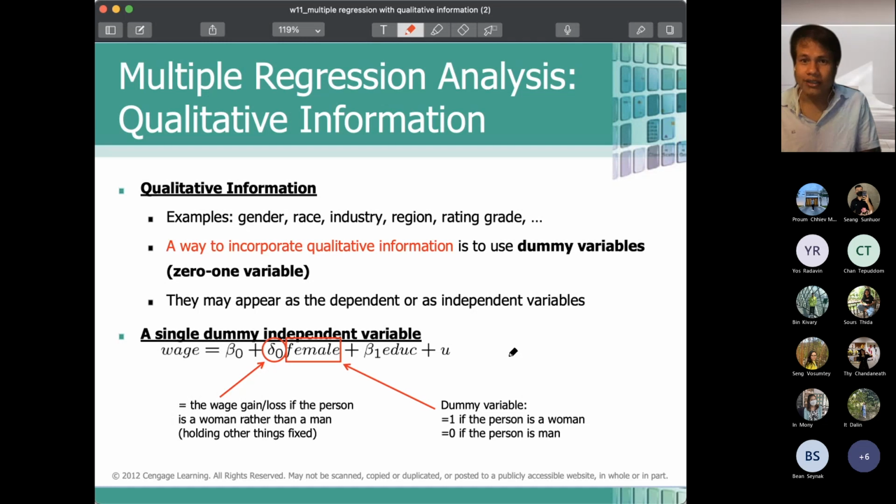So when you have an independent variable or dependent variable that contains qualitative information, you need to do it in a different way. A way to incorporate qualitative information, guys, is to use a dummy variable. What is a dummy variable? A dummy variable is a variable that contains 0, 1. 0 versus 1. Only 2 categories.